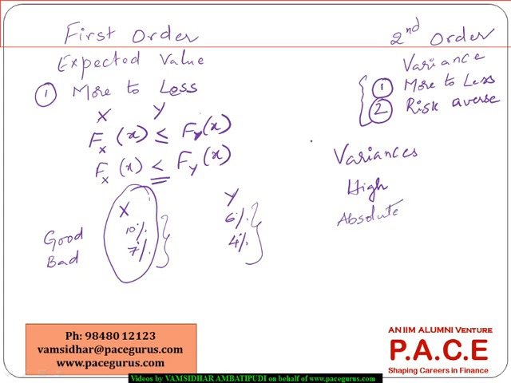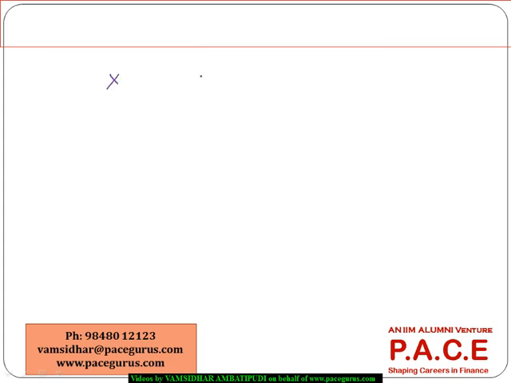Whereas on the other side, let me look at a slightly different scenario. Taking the same X and Y, X can give a 10% return with a probability of 0.5 and an 8% return with a probability of 0.5.